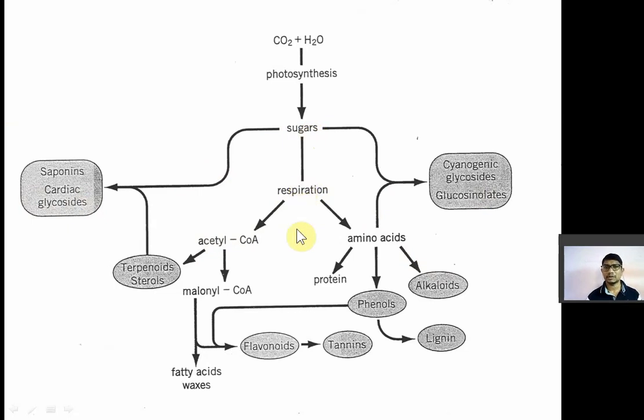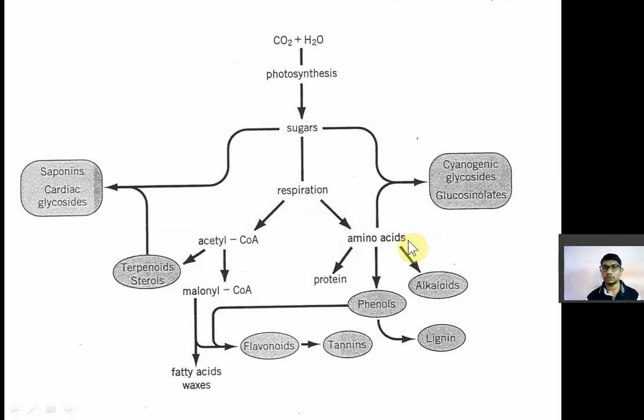Okay, after metabolism, you know that the end products of carbohydrate metabolism are acetyl-CoA and amino acids. So after the respiration or metabolism of sugar, the plant will convert sugar into acetyl-CoA and amino acids.